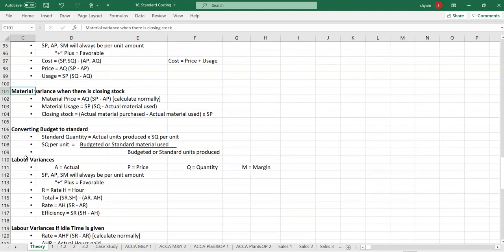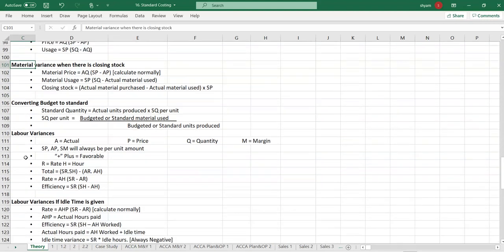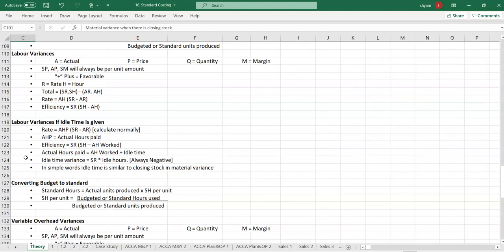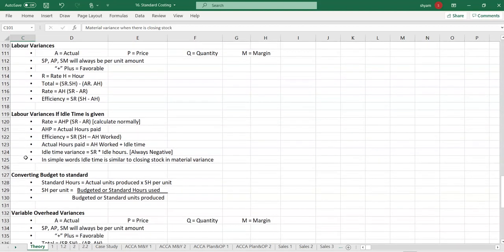We are not going to look at closing stock, but we will be looking at labor. So how do we compute labor? Labor again is split into two main ratios. There is one ratio called total.